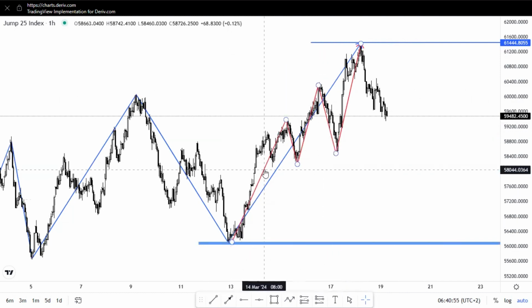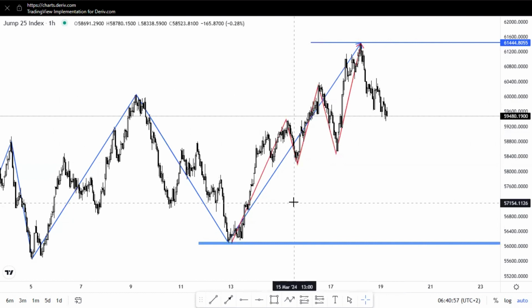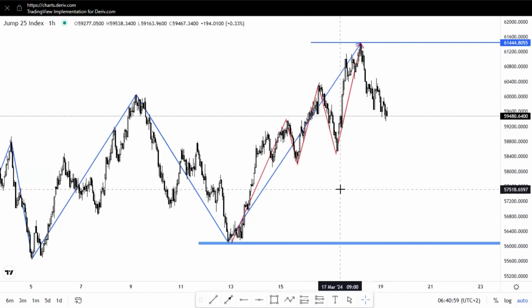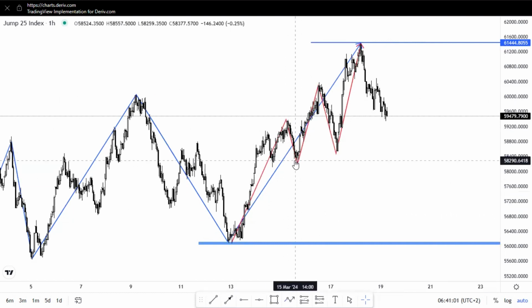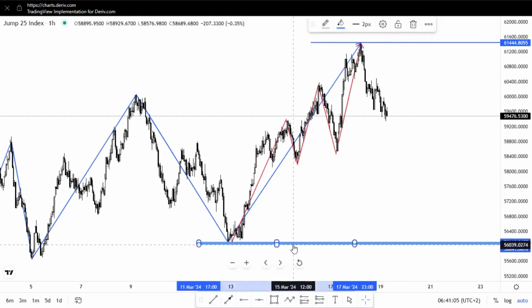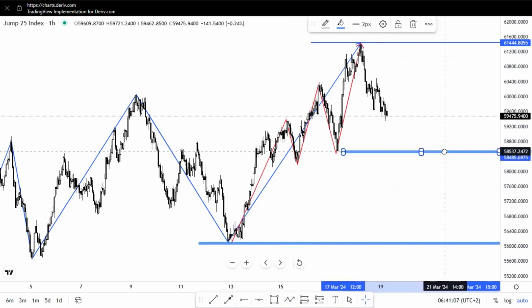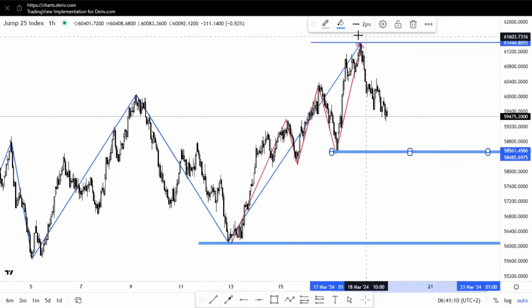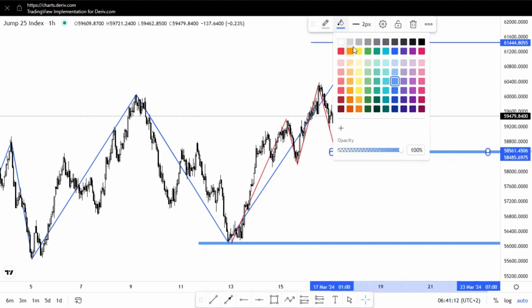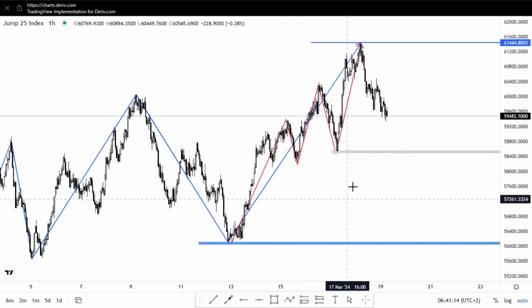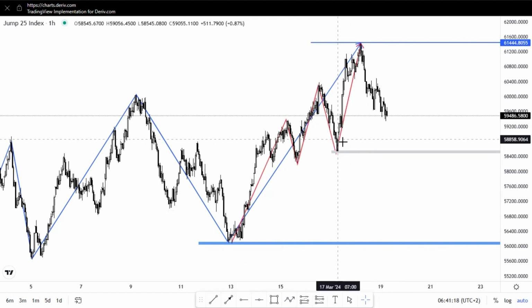In this case, you can see that this red one, the inside structure, is also having a series of higher highs and higher lows, which means we can classify this as a bullish inside structure. Then we can also expect to apply some of the same rules here, and we can highlight or focus between this higher low here and this higher low here.